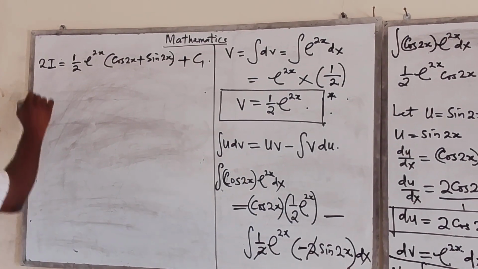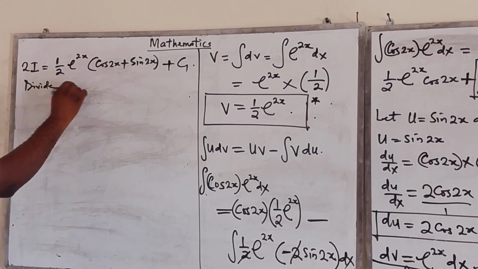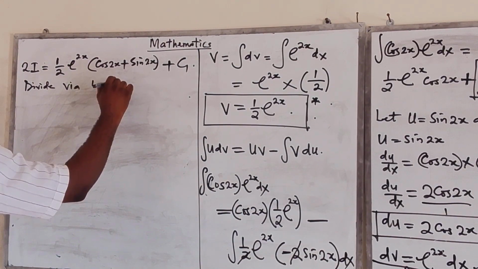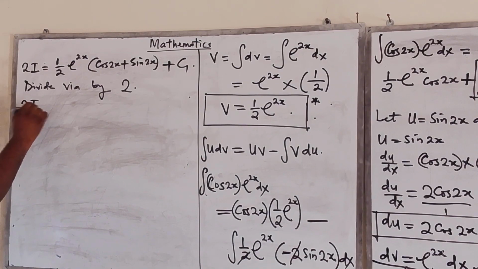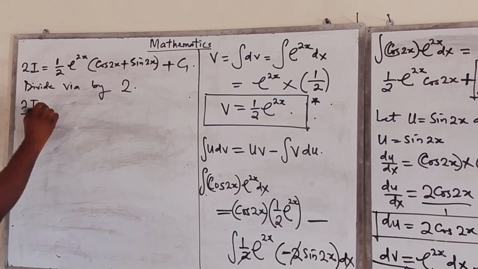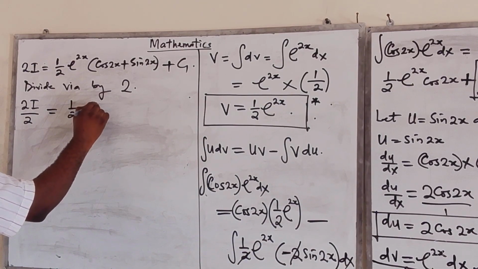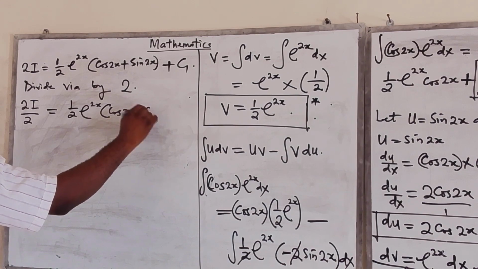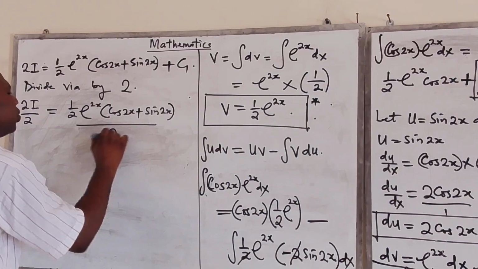So now let's divide through by the coefficient of I, by 2, because here the coefficient of I is 2. So here we have 2I all over 2 is equal to half e raised to the power of 2x, cos 2x plus sine 2x, all over 2.